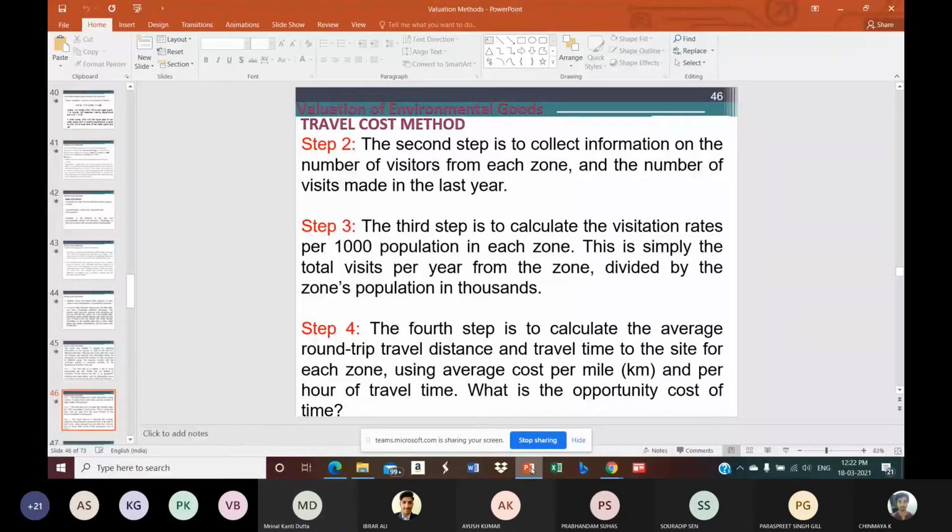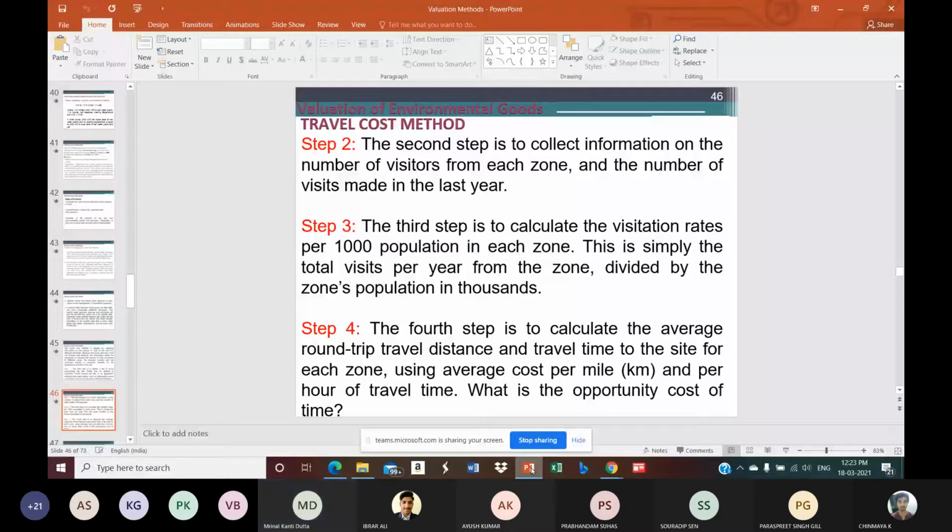After that, the average round trip travel distance and travel time to the site for each zone will be calculated by using the average cost per kilometer and per hour of travel time. There might be different ways of estimating the travel cost. One might be on the basis of the average round trip travel distance, based on how much they have to pay, or maybe the travel time, to the site for each zone.